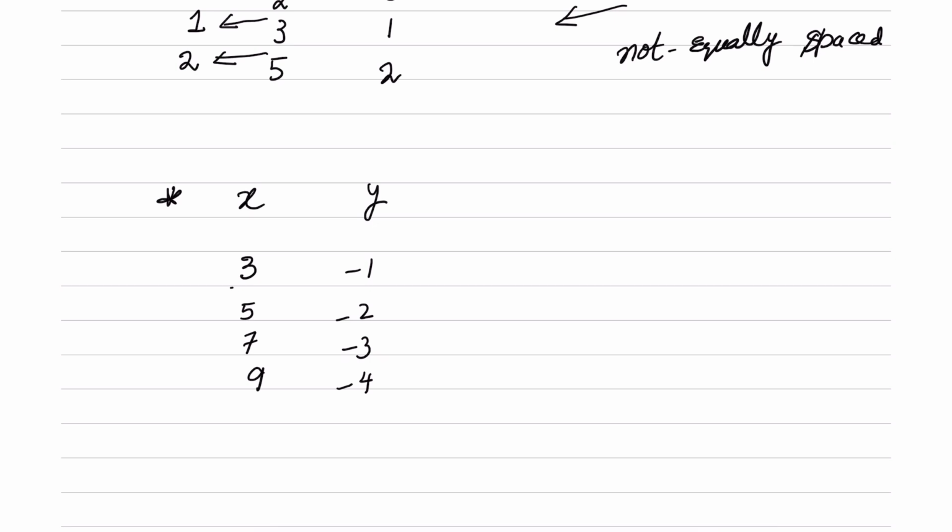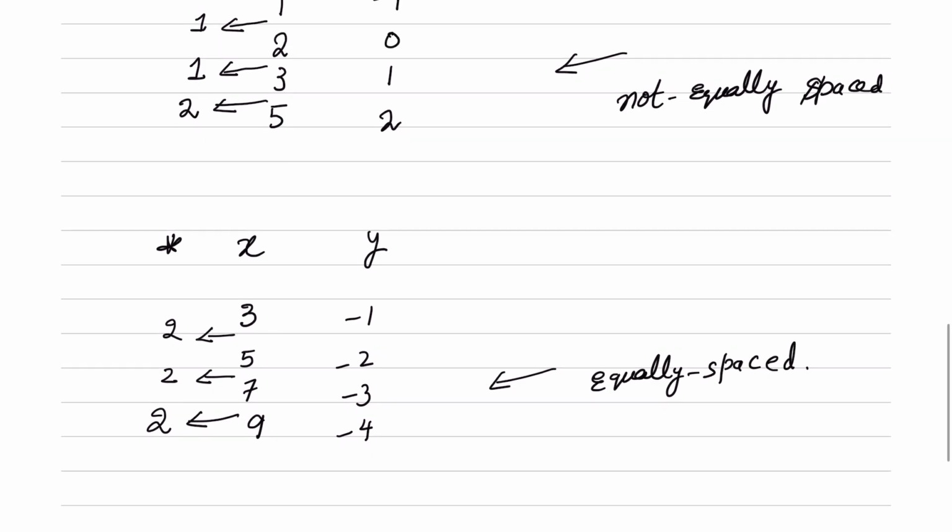First you calculate the consecutive difference between every two consecutive x values, and the difference is calculated as second minus first value. Not 3 minus 5, but 5 minus 3. 5 minus 3 is 2. 7 minus 5 is 2. 9 minus 7 is 2. So yes, this data is equally spaced. This is how we decide, looking at the data, if it is equally spaced or not.